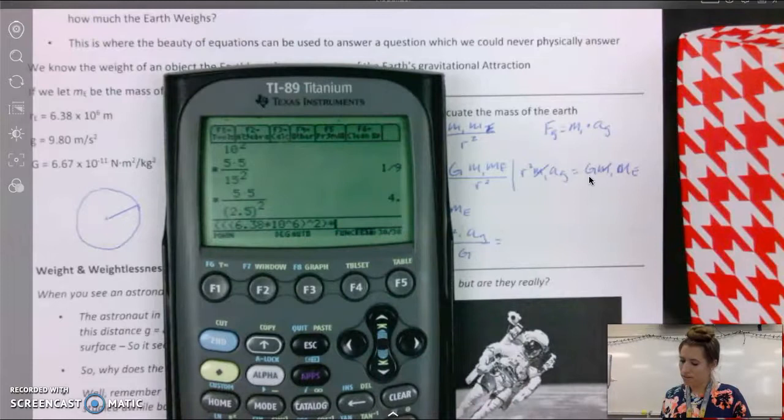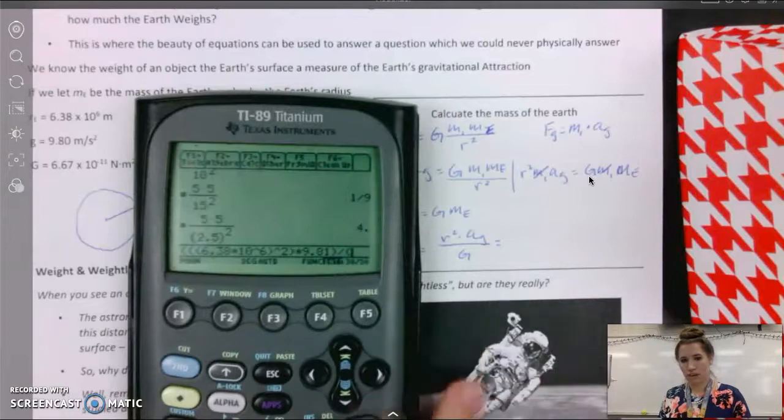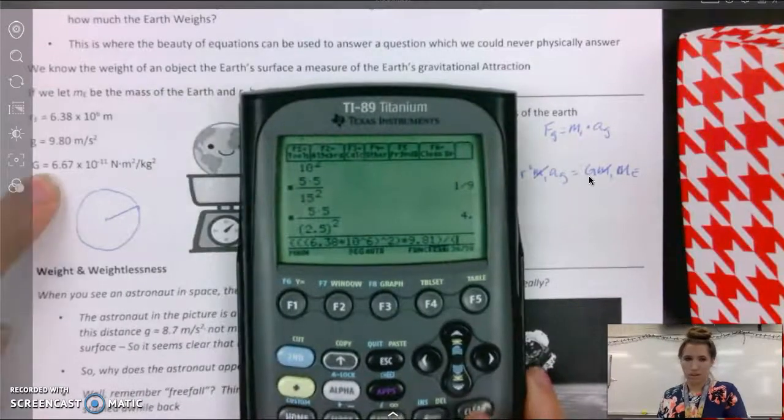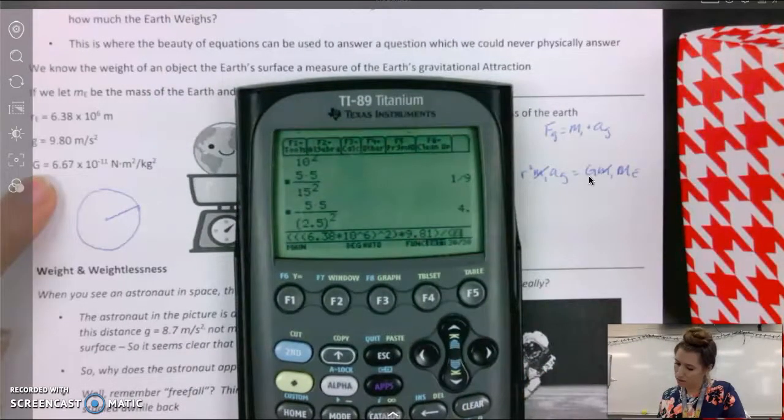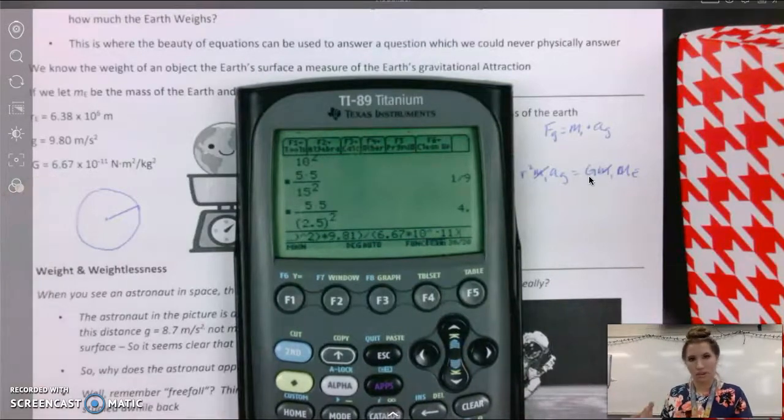And then times the acceleration due to gravity, 9.81. And then this whole top component is going to be divided by the g factor there. And so I'm going to plug in 6.67 times 10 to the negative 11. And notice I put it in parentheses because I want to keep that whole component together. I'm dividing by the whole thing, not just by the 6.67.